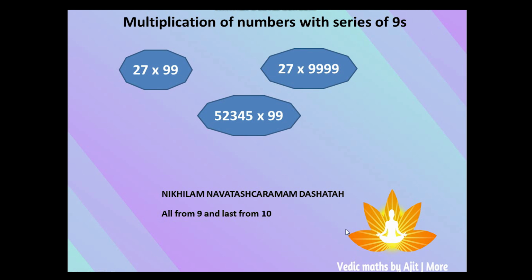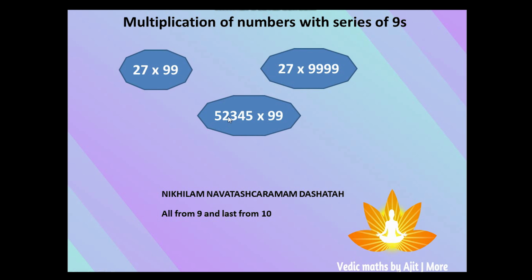Now all these examples which I have given fall into three cases, depending on the number of digits in the multiplier and the number of digits in the multiplicand. One case is the number of digits in the multiplicand and the multiplier are the same. In another, the number of digits in the multiplier are more, and in the third, the number of digits in the multiplicand are more.